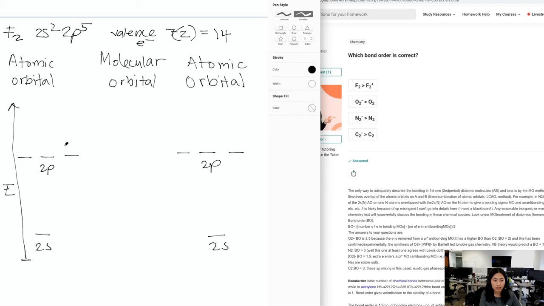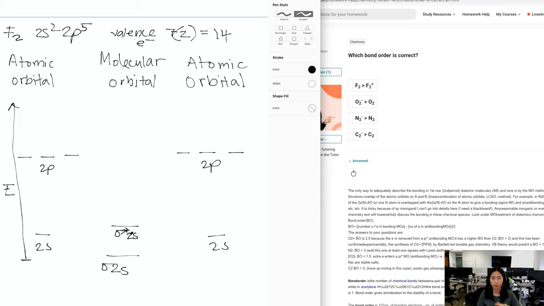Okay, so we know that within the molecular orbital, we have sigma bonds and pi bonds, and we also have bonding and anti-bonding. Within the s orbital, we have sigma. So this is sigma 2s, and at a higher energy level, sigma anti 2s. The only difference between sigma 2s, which is the bonding, versus sigma anti 2s, is the interference.